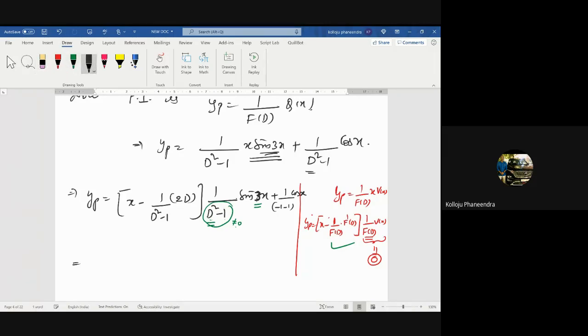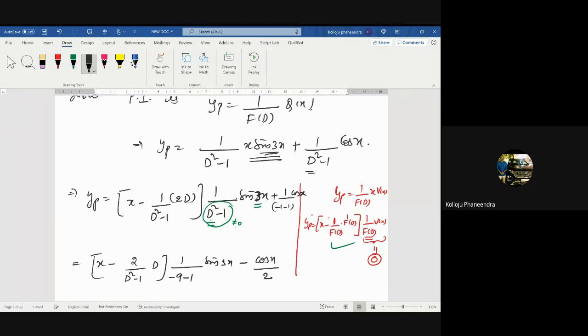Okay. Now what is this value? D square minus 1. I think you caught the logic, I hope. Now what is this? 1 by 2D I can write here, D square minus 1. And what is this? 1 by minus 9 minus 1 sine 3x minus cosine x by 2.